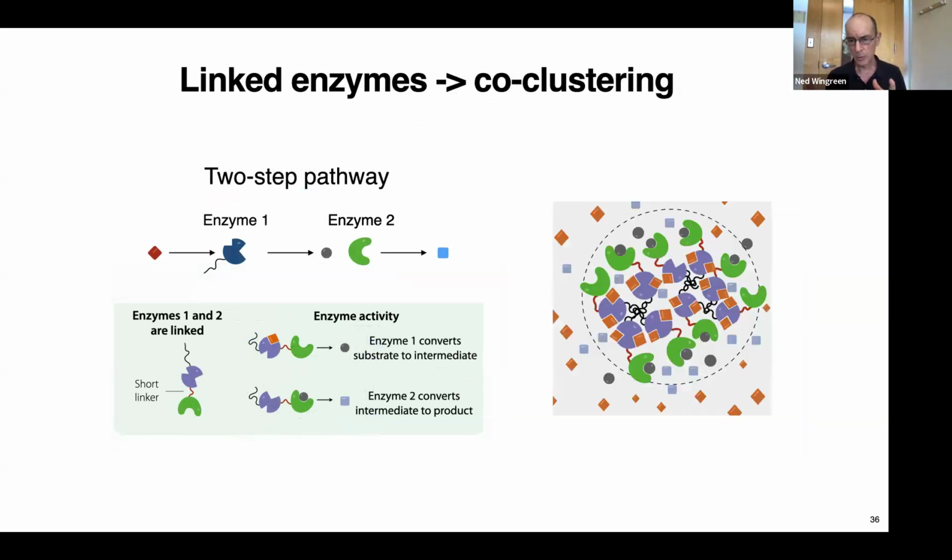Okay, and so the idea is similarly that you could get a 2-step pathway where the cluster is again the right size, because the first enzyme in the pathway will only cluster if the substrate is available. It will release its intermediate in the vicinity where there's already a high concentration of the second enzyme, because the first enzyme and the second enzyme are connected to each other.